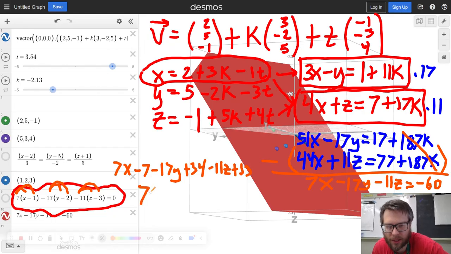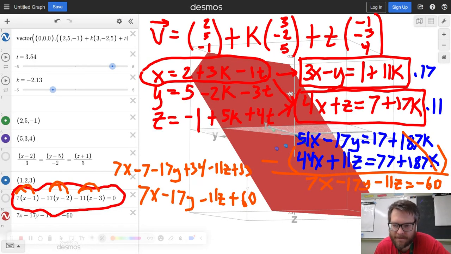Combining like terms, we get 7x minus 17y minus 11z plus 60. And that's all you needed right there. And that equals 0. So it's the same thing as the other version.